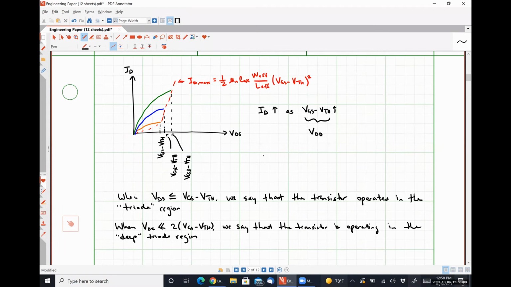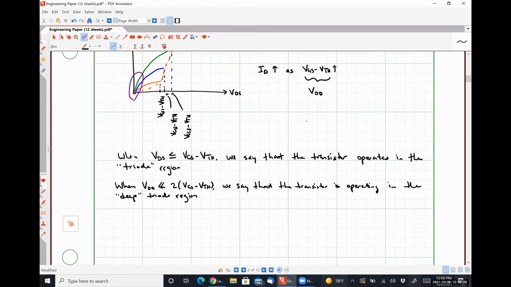So what I'm talking about there is this region. So in this region, our current is increasing very close to linearly.